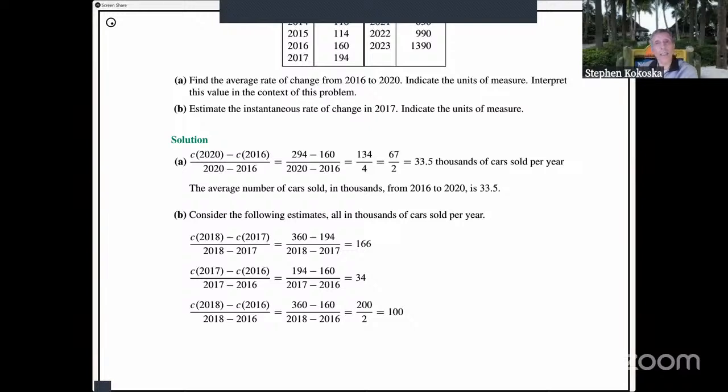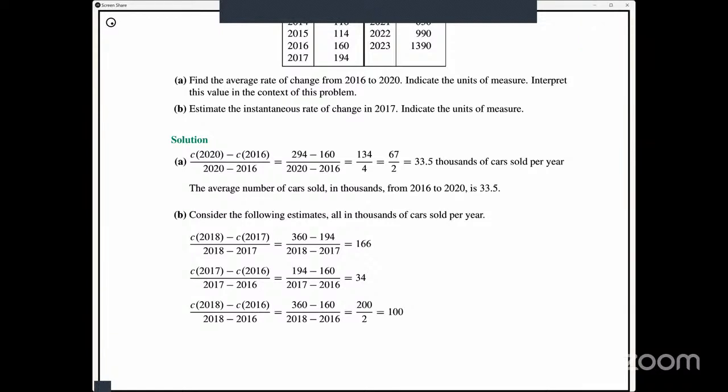And I got 166. So that would be an estimate of the instantaneous rate of change at 2017. If you think about this graphically, what have I done? I've just drawn the secant line, and I've got the slope of a secant line, which in the grand scheme should be close to the slope of the tangent line.